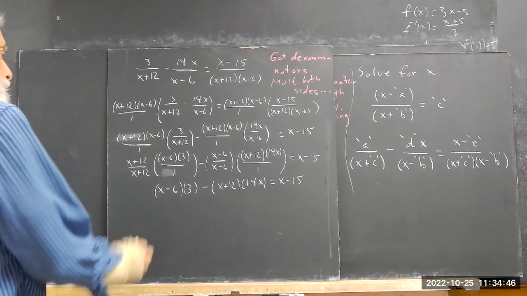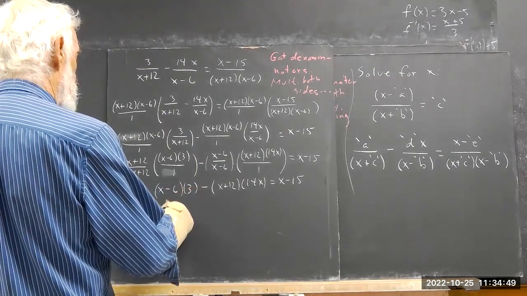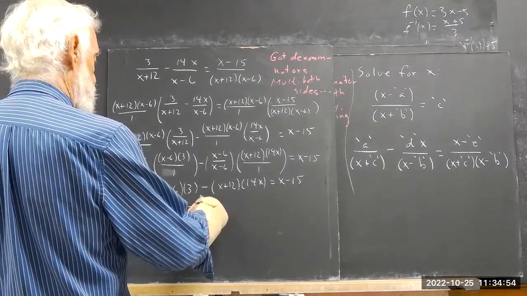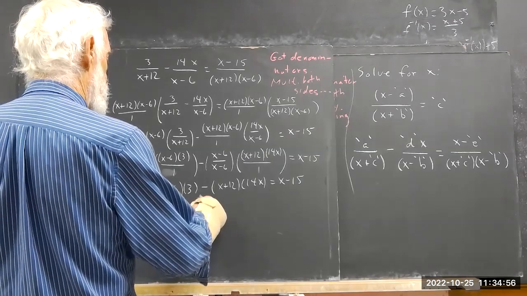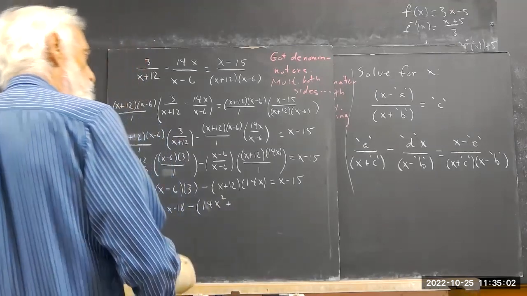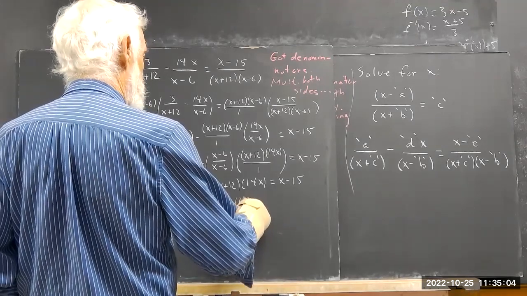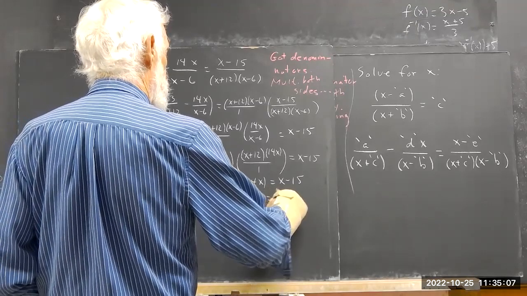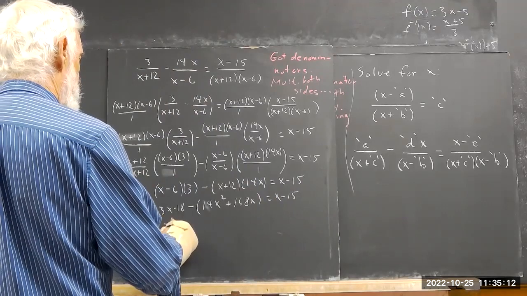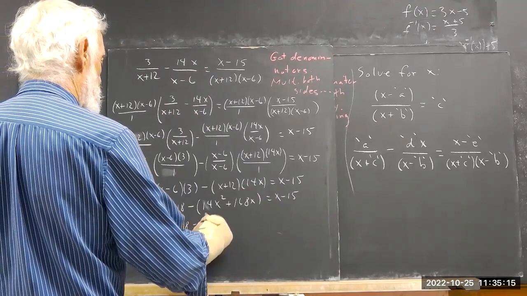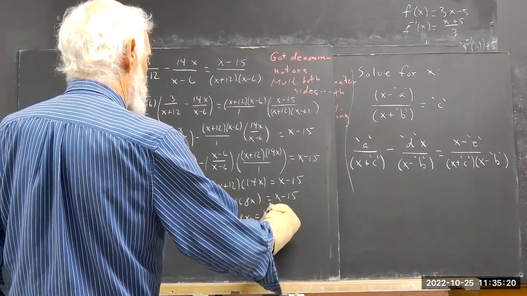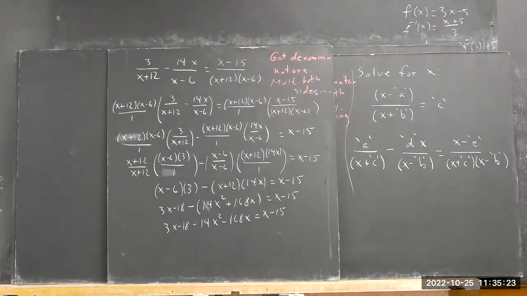At this point, go ahead and use the distributive law. We get 3x minus 18 minus the quantity 14x squared plus 12 times 14 is 168 x equals x minus 15. Then we distribute the negative sign, like this.